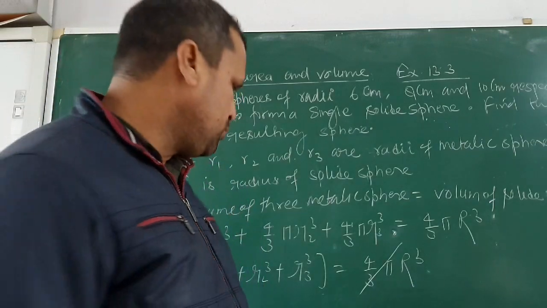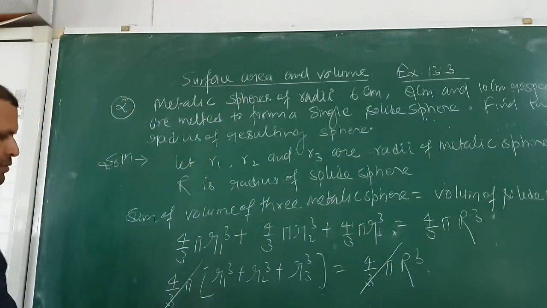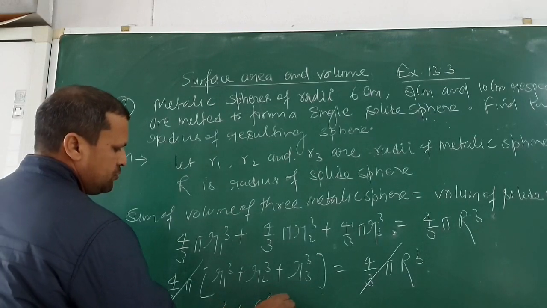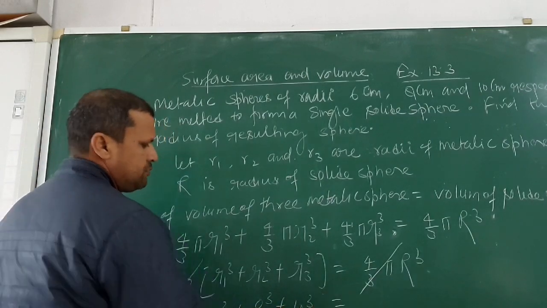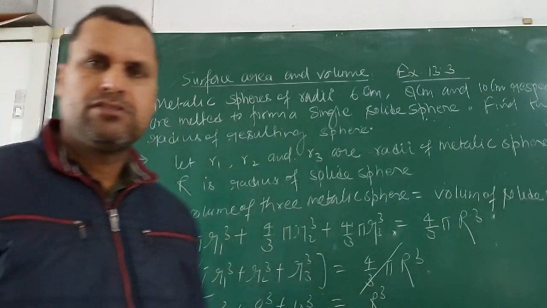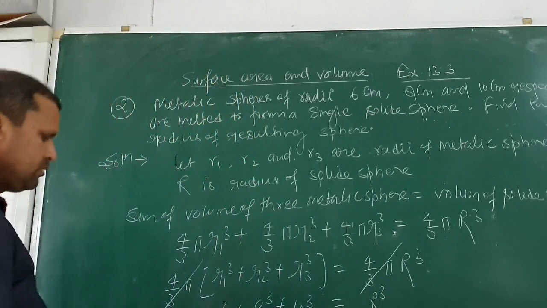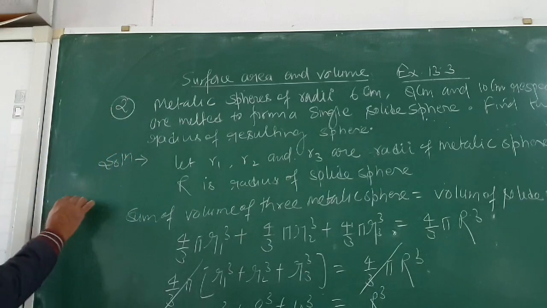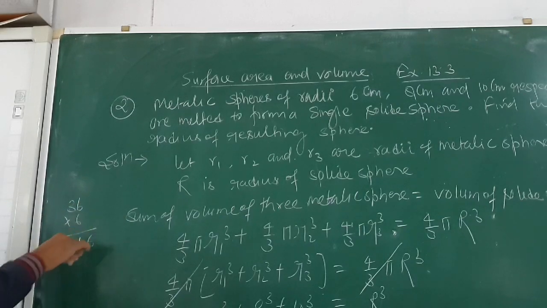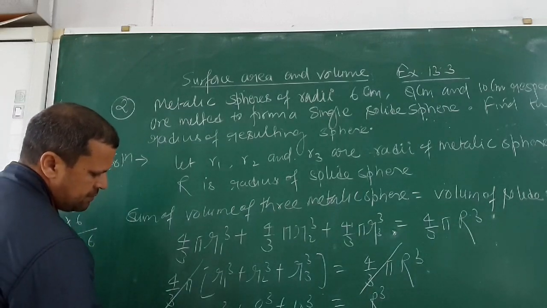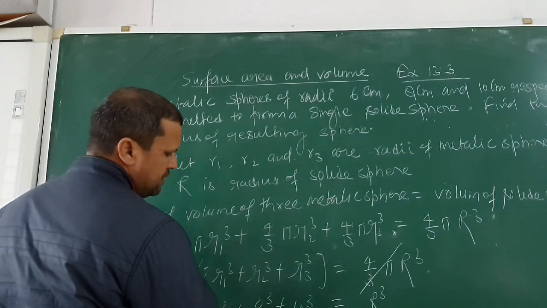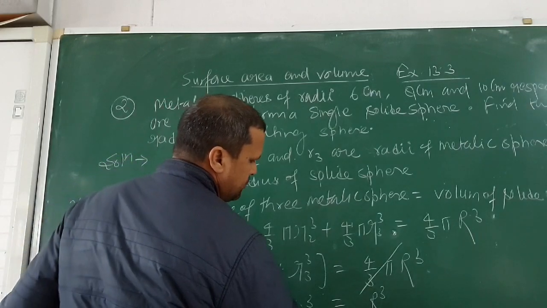Now, can you put the values? 6 cube plus 8 cube plus 10 cube is equal to capital R cube. Now, 6 cube is 6 into 6 into 6, that is 216, plus 8 cube 512 plus 1000.